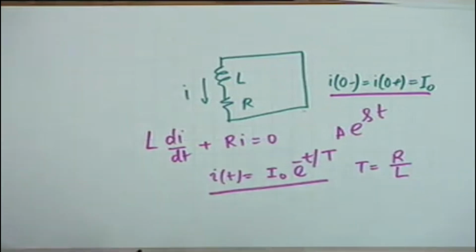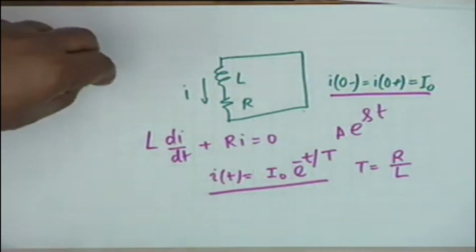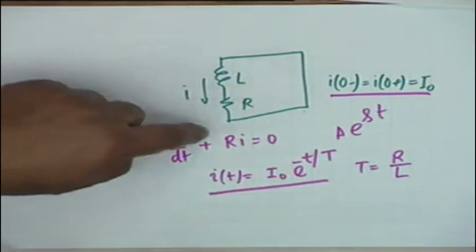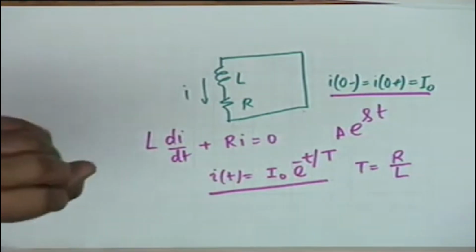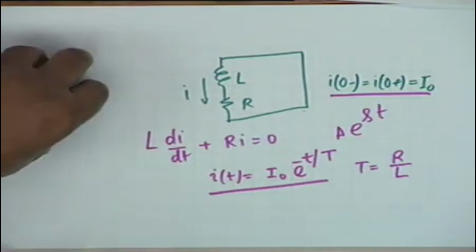Another definition could be in terms of charge: if the initial current had passed for a time equal to capital T, then the charge that is lost would be equal to the actual charge lost by the capacitor, or actual charge flowing in this circuit for infinite amount of time.